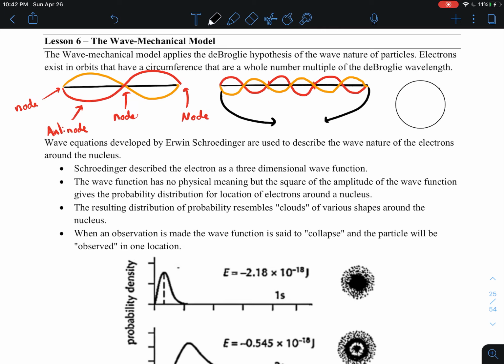So if I were to look at this and try to figure out the nodes and antinodes that are going on in this case, I would say, well, there's 1, 2, 3, 4, 5, 6, 7, kind of. It turns out that this node, because it lines up with the first one, that there's only 6 nodes in this case.